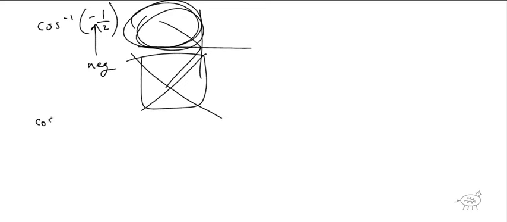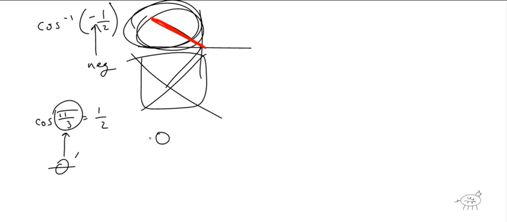Well, the cosine of pi over 3 is positive 1/2. So math fans, pi over 3 is my reference angle. And if I'm over in the second quadrant right here, isn't it just going to be theta prime, right? That's my theta prime, my reference angle.